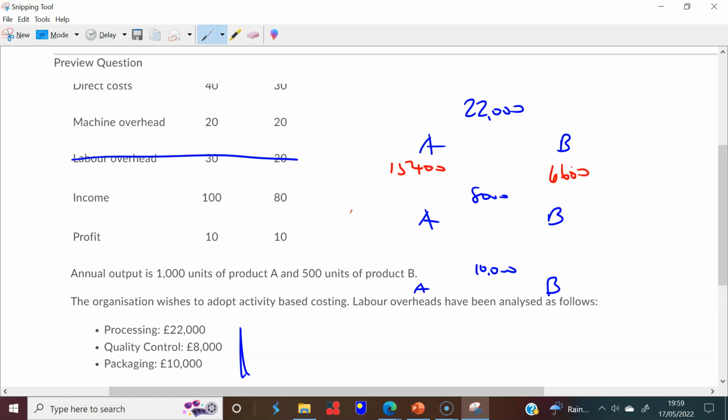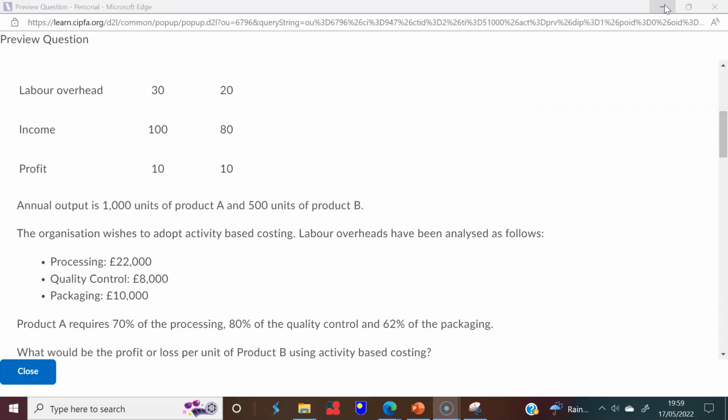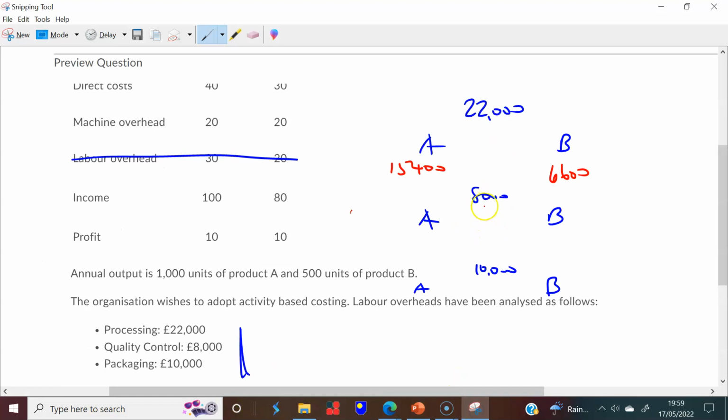Then it goes on to tell us that 80% of quality control goes to A. So 80% of this is 6,400, and this means there's 1,600 to B. And here I believe it's 62%, so 6,200 to A, and therefore 3,800 to B.